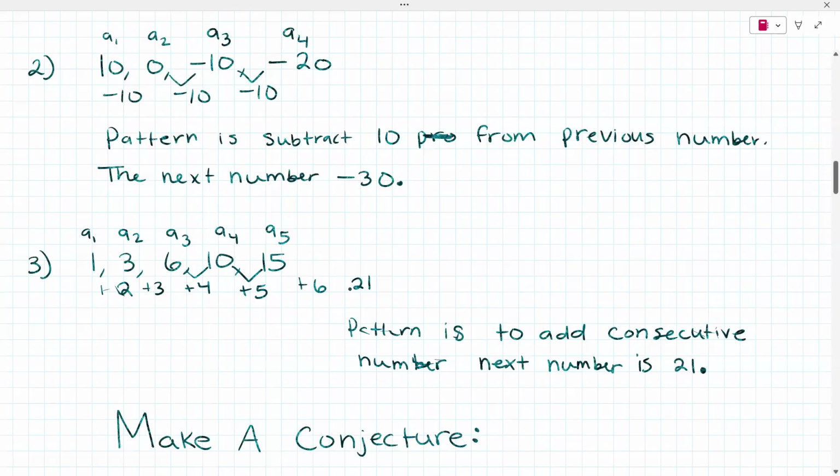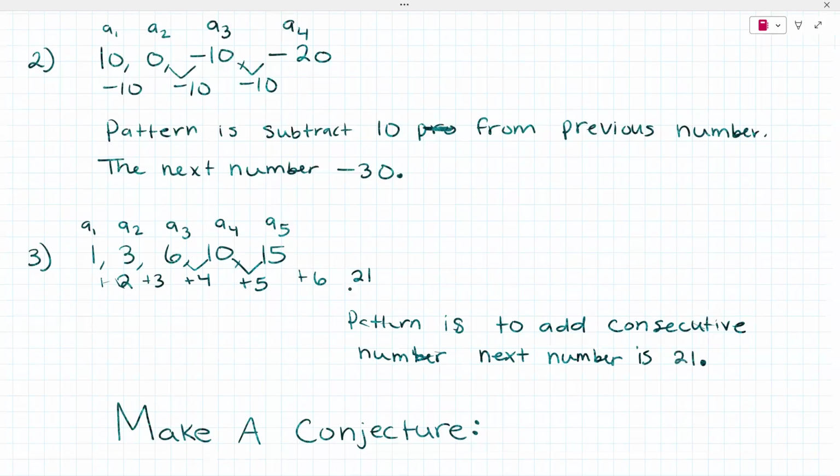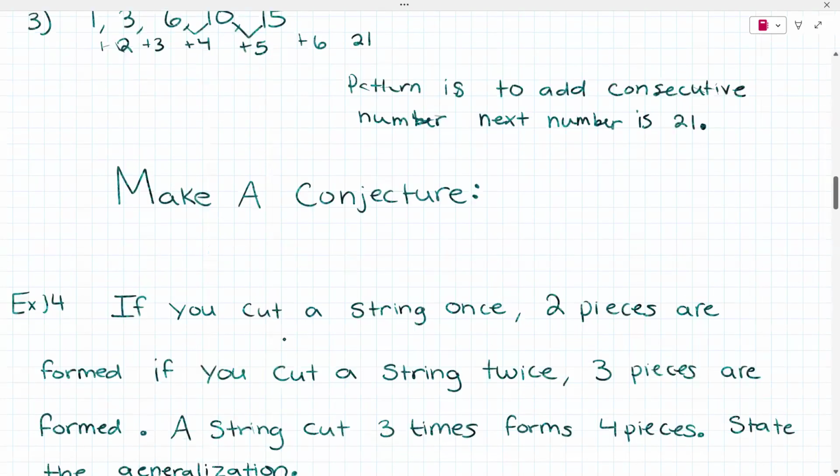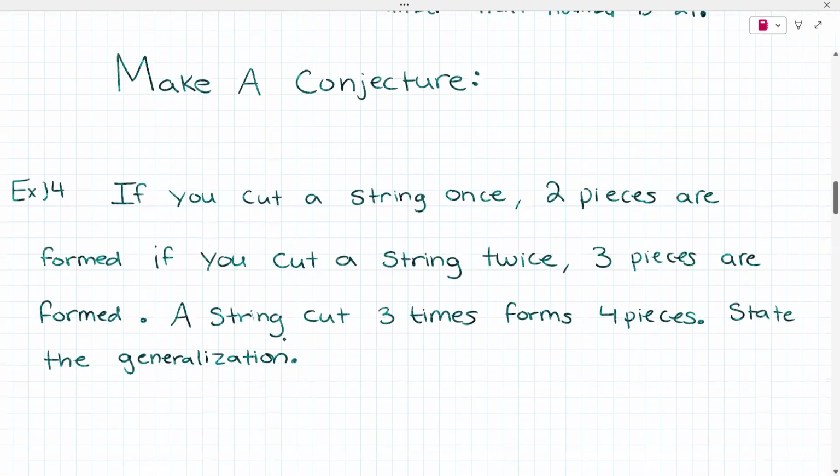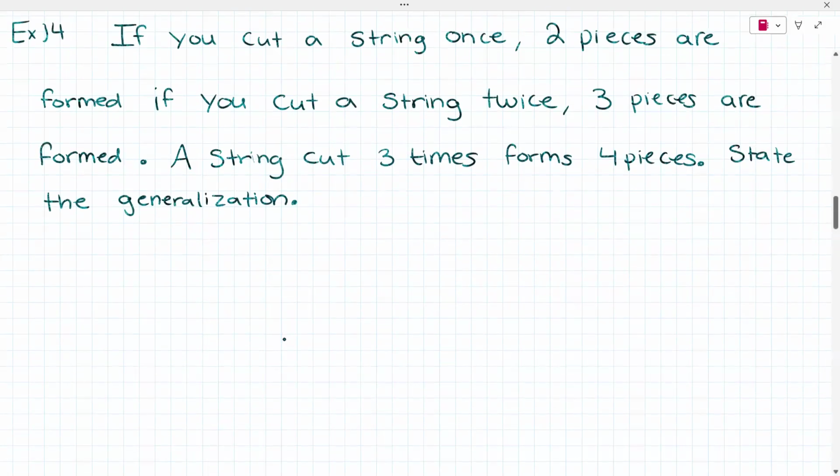Okay, next one is make a conjecture. Let's look at this word problem. If you cut a string once, 2 pieces are formed. If you cut a string twice, 3 pieces are formed. A string cut 3 times forms 4 pieces. State the generalization.